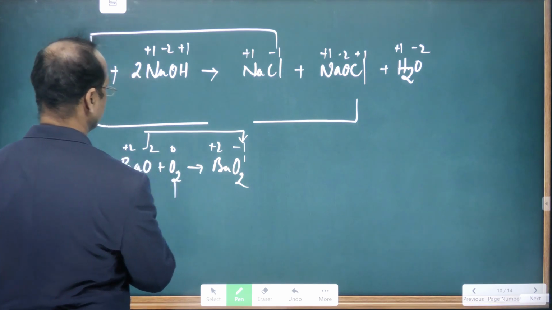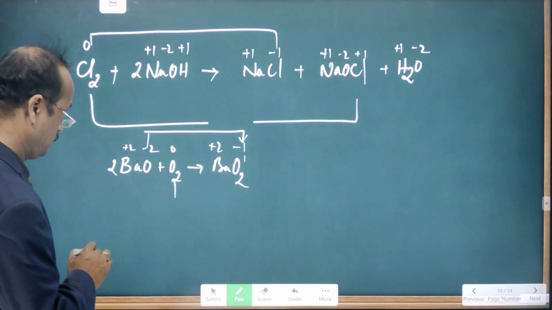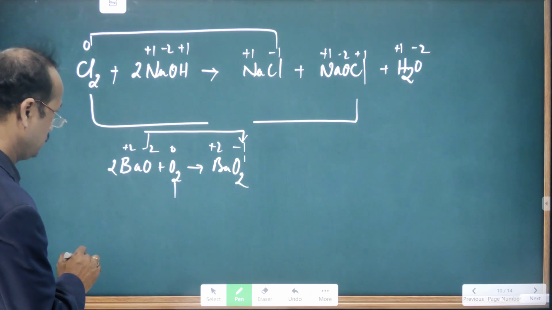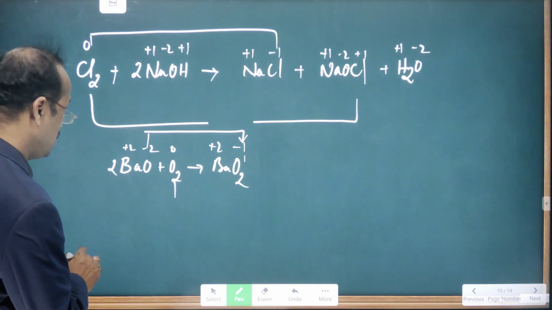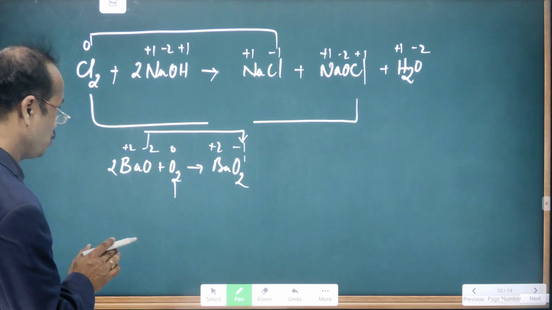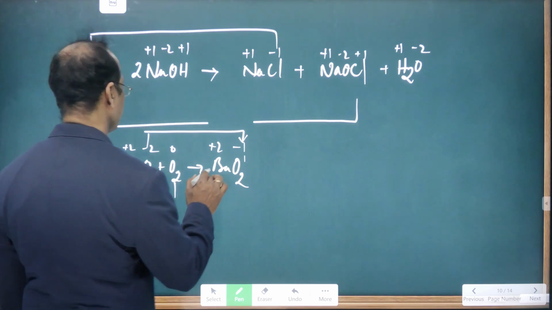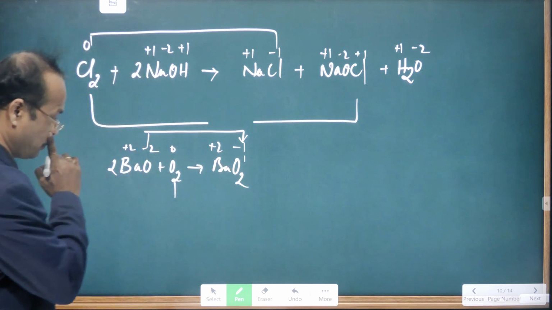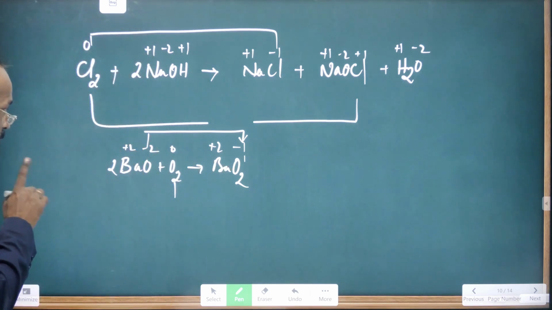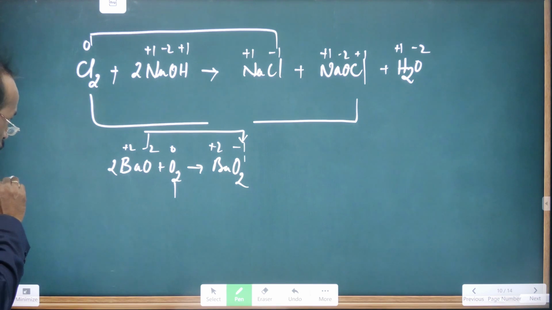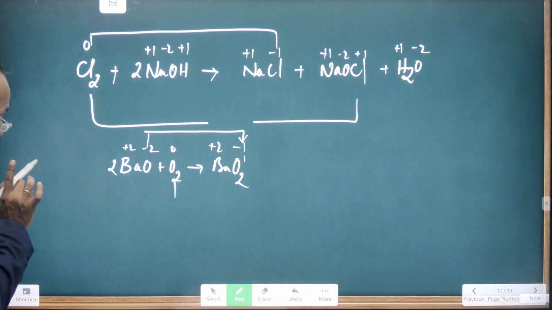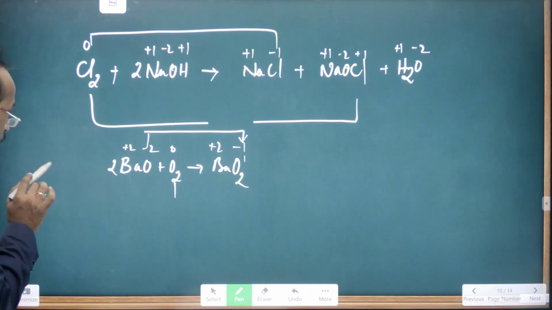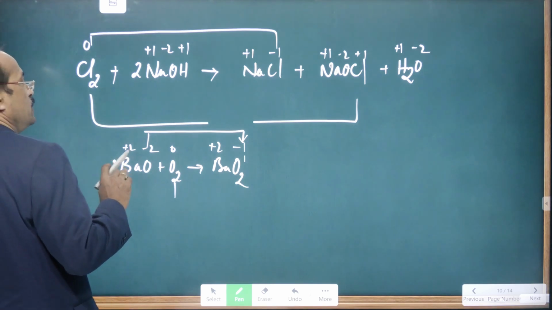Oxygen is 0 to -2. Barium is +2, so oxygen is -1. So students, if you see here, barium is +2, it's right. Barium can't be +4.